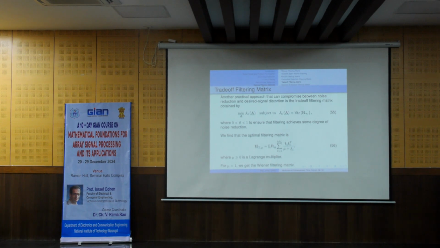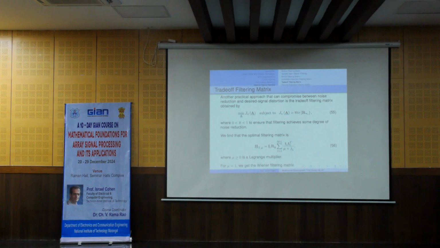So this is H, the trade-off filtering matrix, which is I, Rx, summation from i equals 1 to ML, Ti transpose, divided by mu plus lambda i.